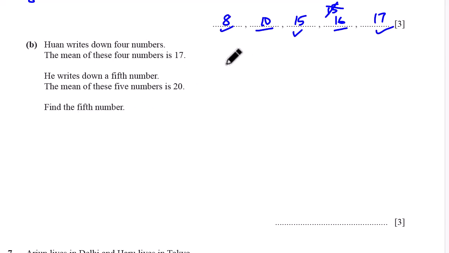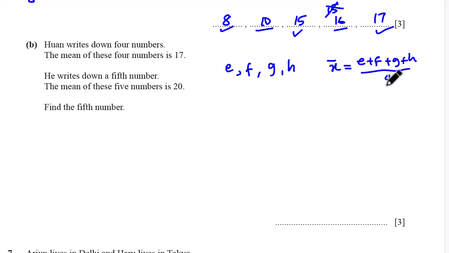So he wrote down 4 numbers. Let's say E, F, G, H. But the mean, how do you find the mean of four numbers? The mean of four numbers, using X bar to signify that, is going to be the sum of the four numbers, then divided by four.